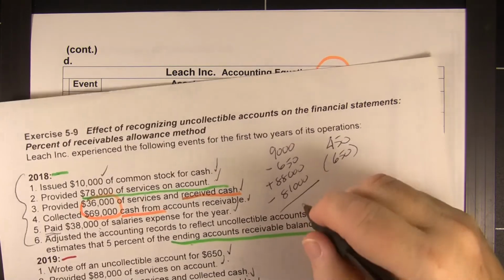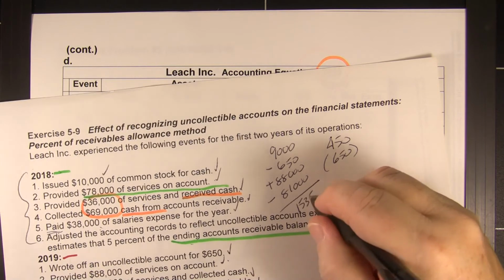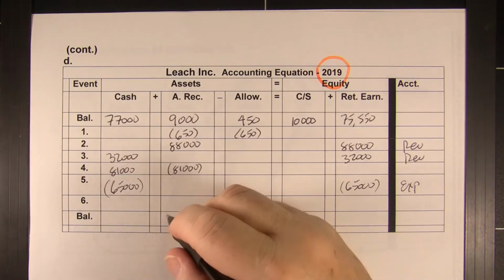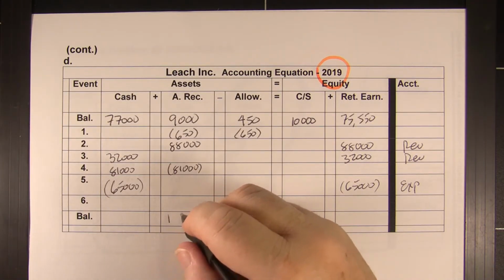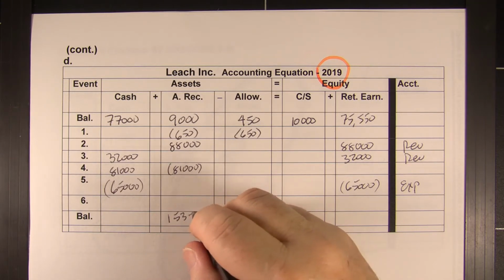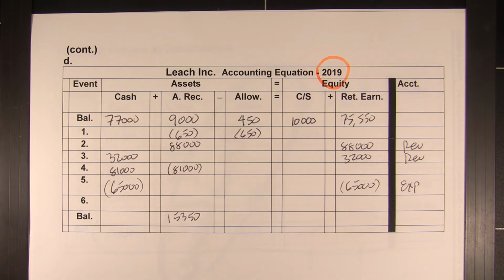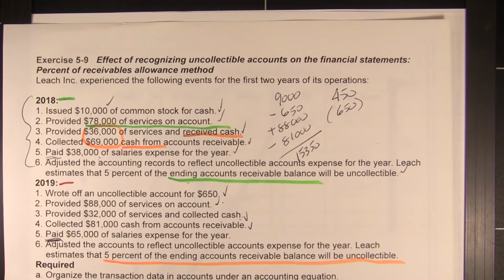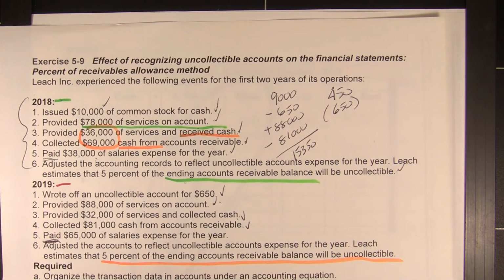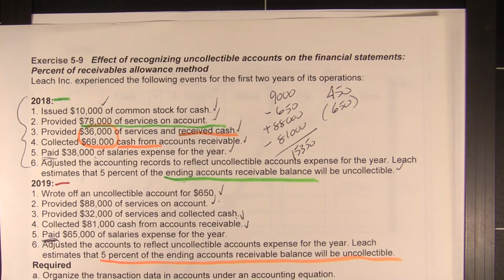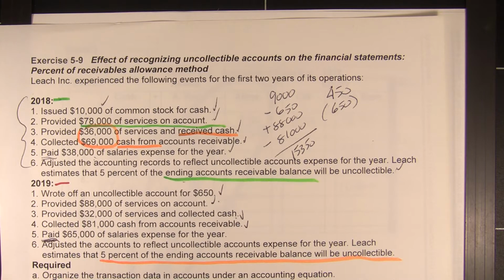And that comes to $15,350. And I'll write that here because if I don't, I most certainly will forget that. $15,350. And they tell us that they want 5% of that set aside as an allowance for uncollectibles.